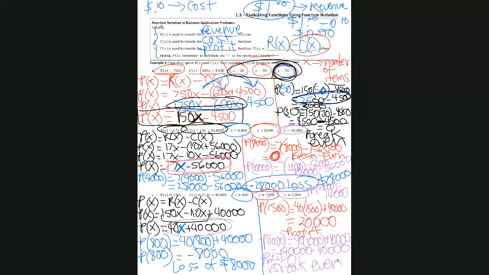Okay, so let's move on to the third and last page for this one. You guys should be getting very used to working with this problem. So let's go ahead and find the profit function. So remember, it is revenue minus cost.